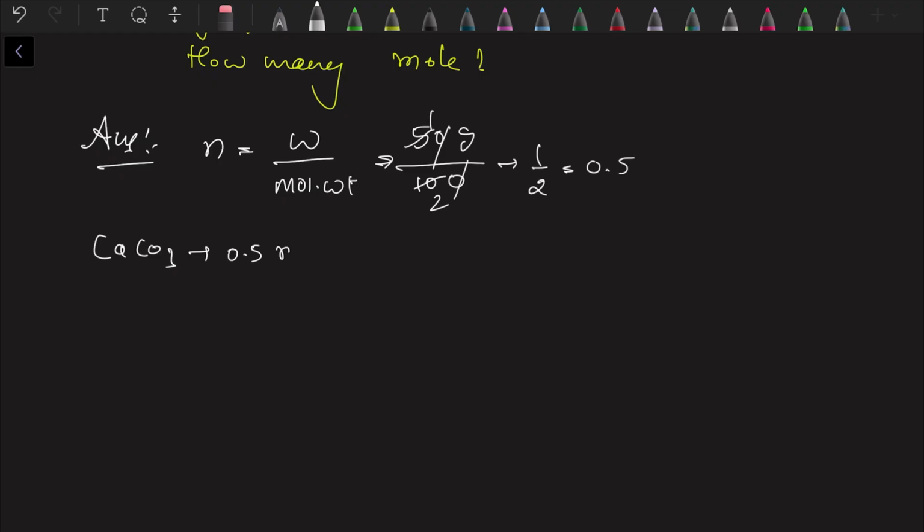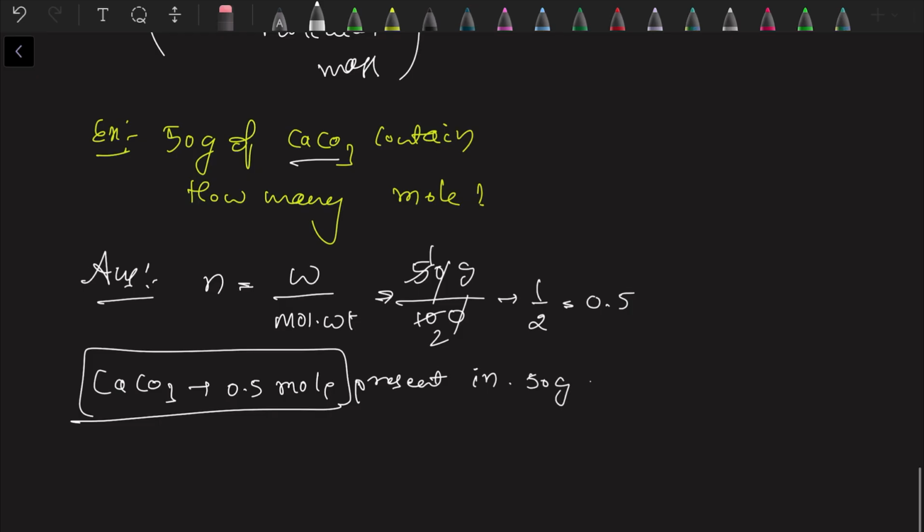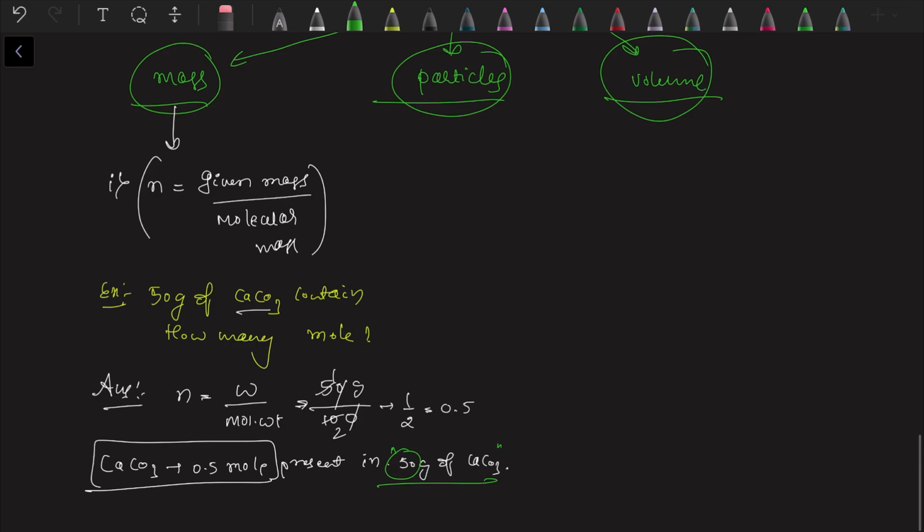That is the moles present in 50 gram of calcium carbonate. This is how we can use the mole concept with respect to mass. The same will go for particles.